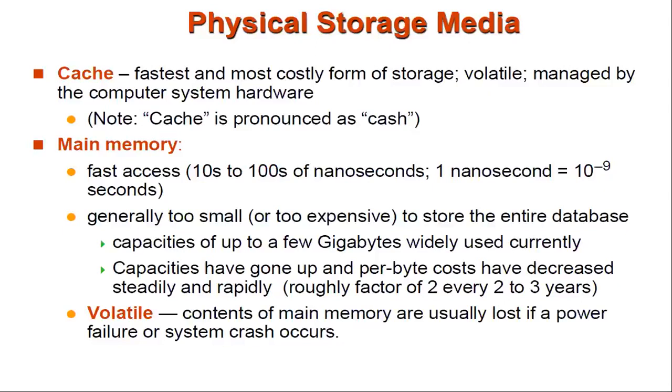And the other category is main memory. This is fast access compared to the secondary; main memory is also called primary memory. The speed of access of your main memory is tens to hundreds of nanoseconds. Generally it is too small or too expensive to store the entire database.